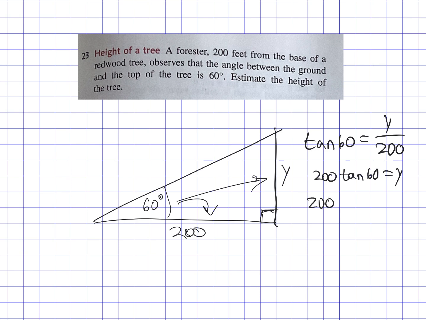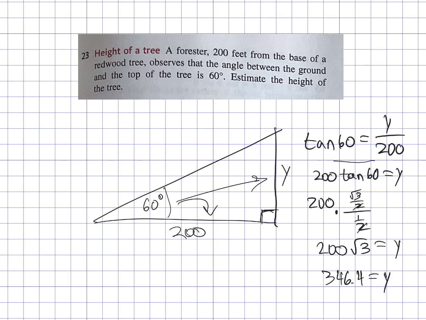So the long leg is square root of 3 over 2, and the short leg is 1 over 2. So 200 square root of 3. All right, so if we say 200 times the square root of 3, that gives us 346.4 feet tall. Pretty tall tree.